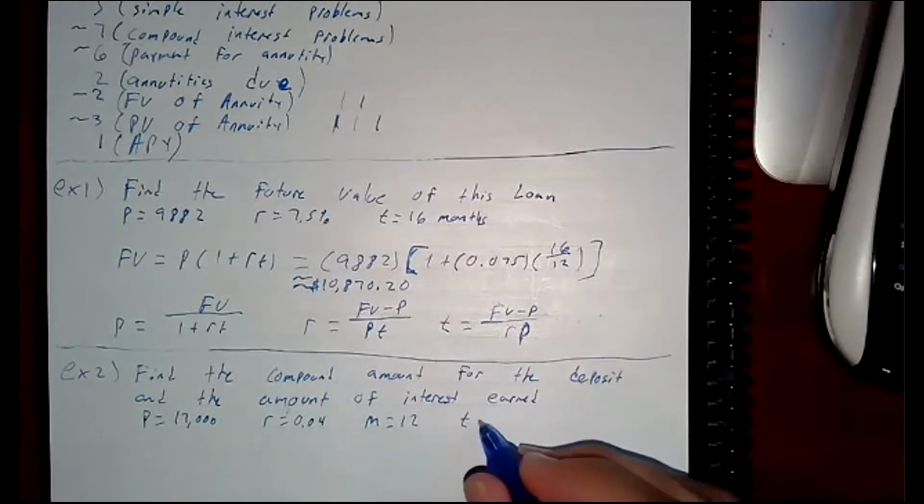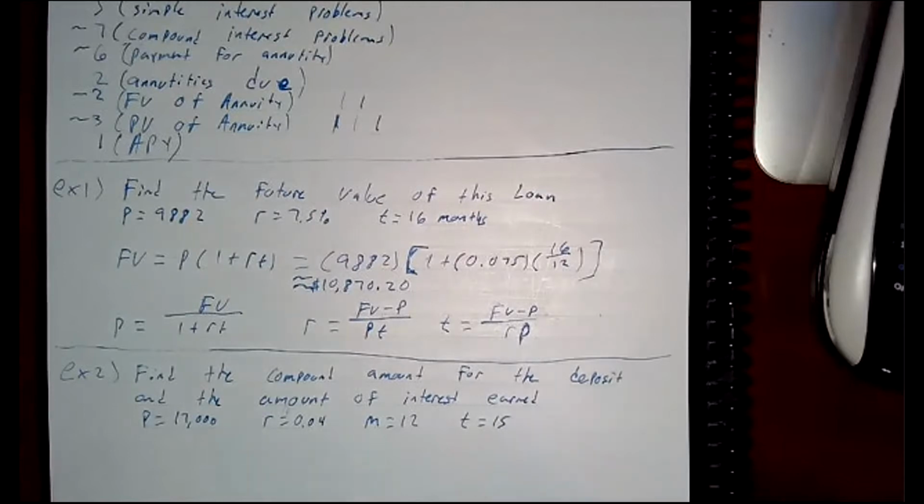Time is 15 years. So just leave it as 15. Okay. Sorry, what was M again? M is the number of times we compound. They said they compound monthly on the problem. So I picked M 12.